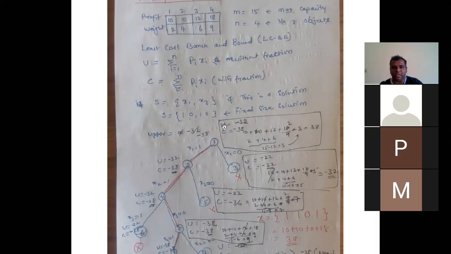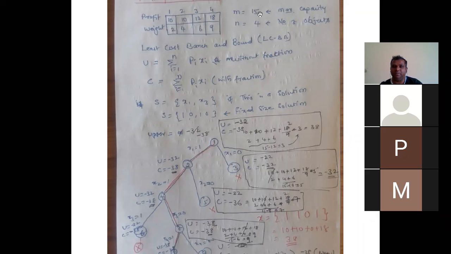How to calculate the U function? Discrete means an object is completely considered. The first object is completely considered because its weight is smaller than the knapsack capacity. So the remaining weight is 13, 15 minus 2. The second object is also completely considered, so the remaining weight is 9. Then the third object is also completely considered, and the remaining is 3.